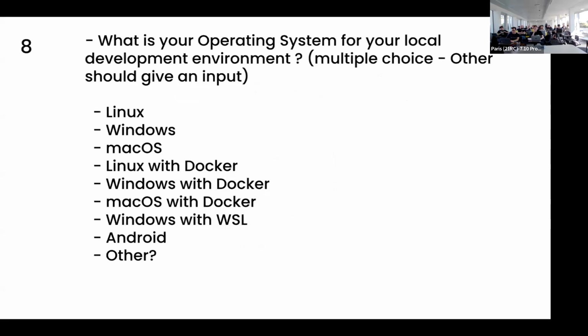Multiple choice, so you have Linux, Windows, macOS, or you use Docker or a virtualized environment, or you use Windows with WSL, or Android, because a lot of people apparently are using Android. That's what we got from the last year's survey. So we had unexpected results.